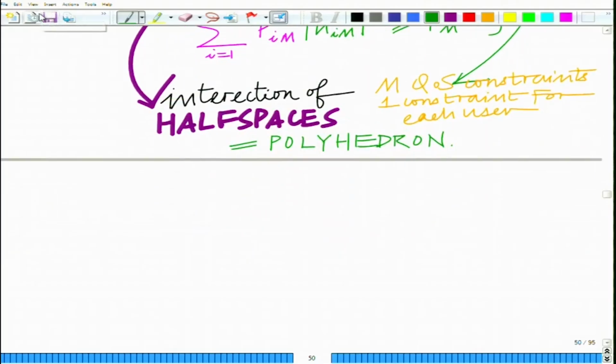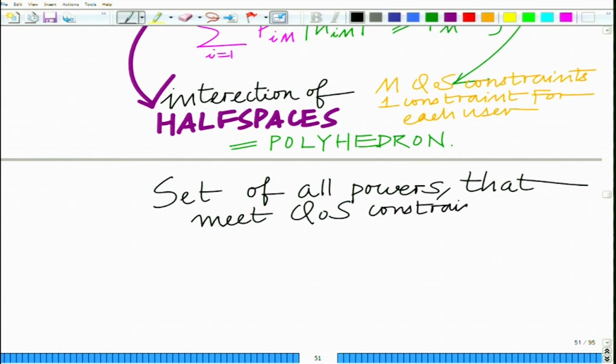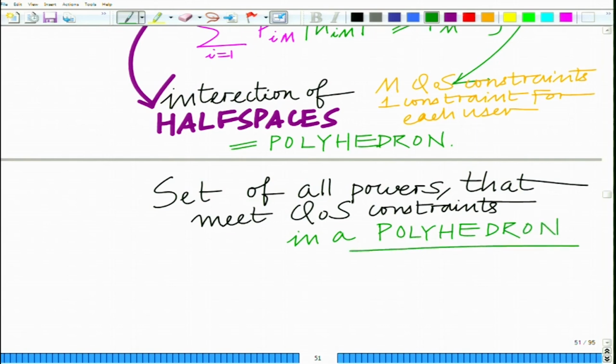So this is very important. In a practical optimization problem, the set of all powers that meet the QoS constraints lie in a polyhedron or a polyhedral region.